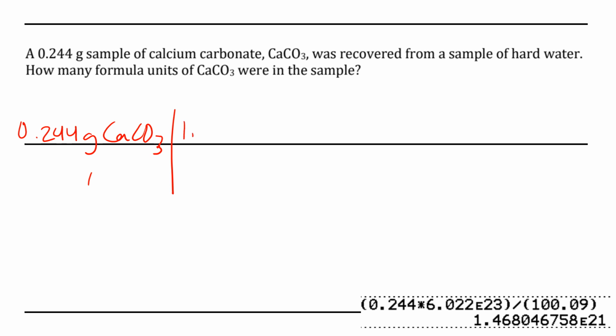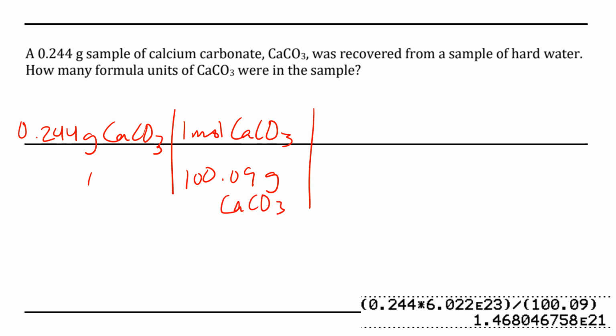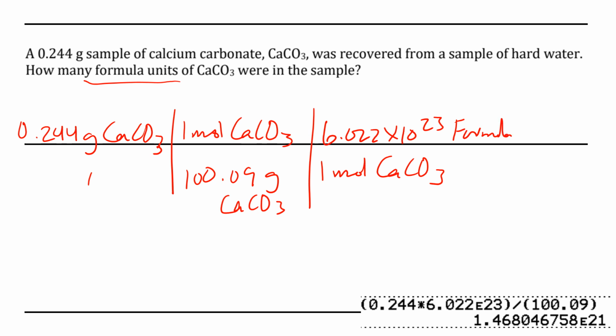So in 1 mole of CaCO3, it's the molar mass, which is 100.09 grams of CaCO3. On the next one, in 1 mole of CaCO3, it'd be kind of hard to abbreviate formula units if I put FUs, so I'm not going to do that. So 6.022 times 10 to the 23, I'm going to write out the actual word formula units CaCO3, double slash.